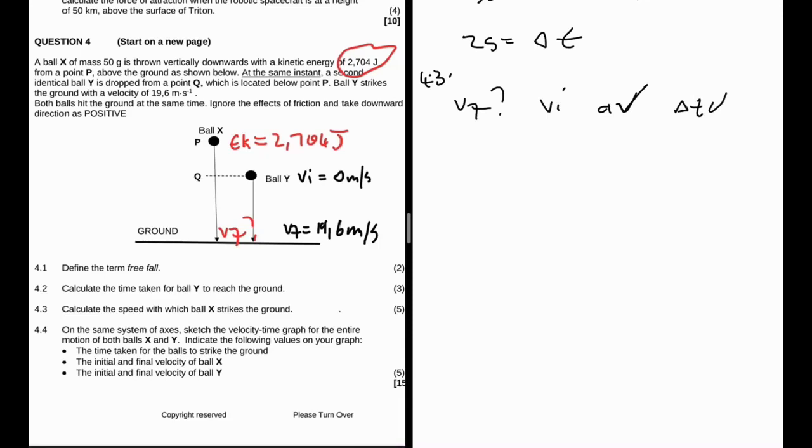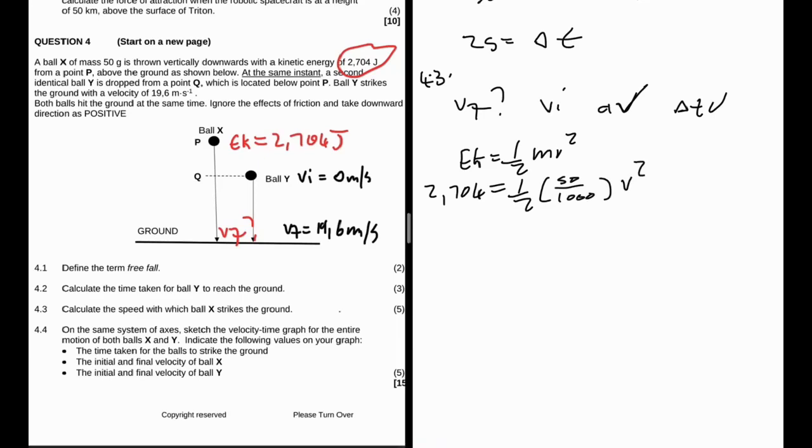So obviously here we're going to say VF equals VI plus a delta T. But before that, we need to determine VI. So how are we going to determine VI? We're going to say that EK is equal to half m v squared. And we know that EK is 2.704, which is equal to half the mass. The mass is 50 divided by 1,000, times v squared.